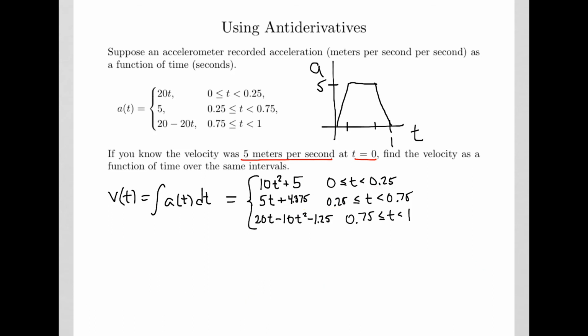So now that I have my formula for my velocity, what I could do is take each of these formulas and put them into a graphing calculator, for example. I'll put this into Desmos and use these intervals for a piecewise function, and I can take a look at the graph and see what it looks like.